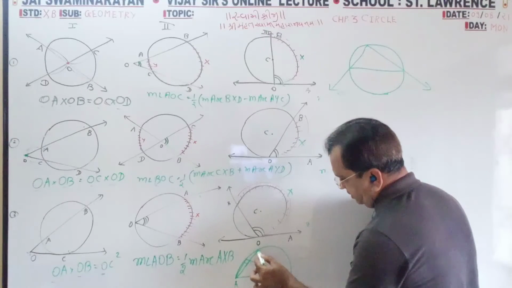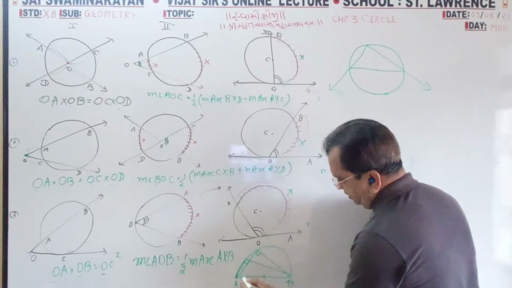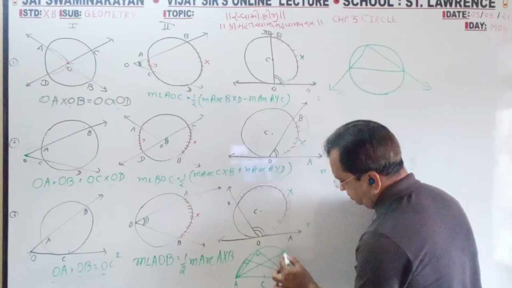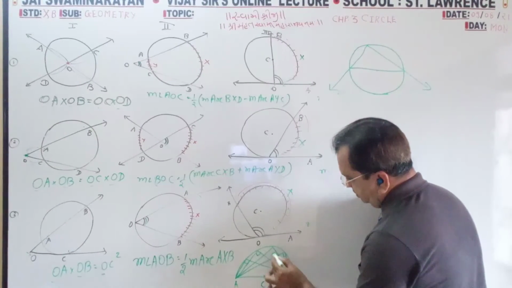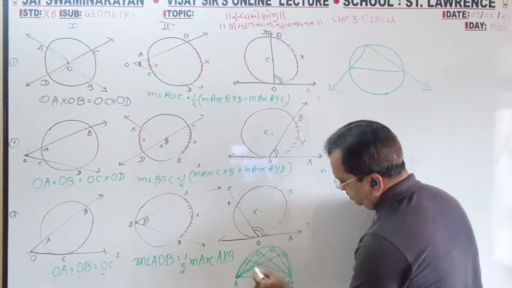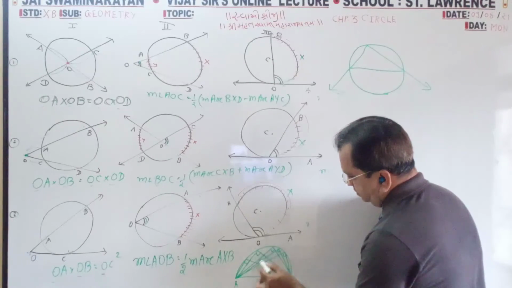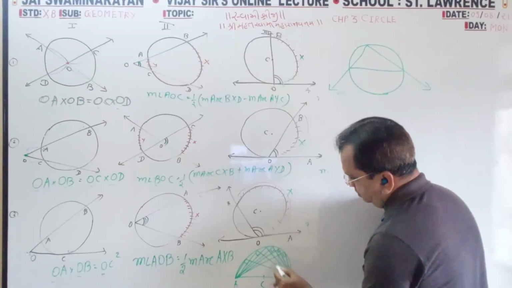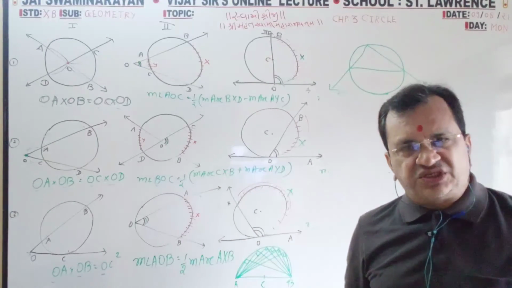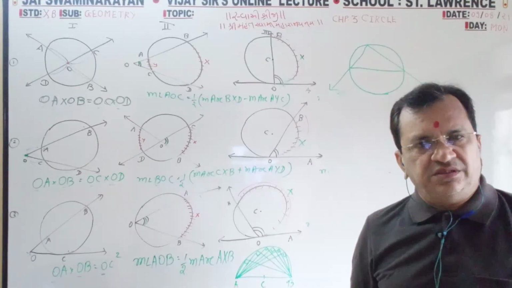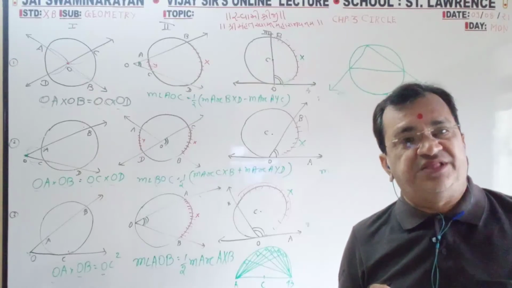I'll take this and this, it will be 90. I'll take this and this, it is 90. An angle inscribed in a semicircle is a right angle. It is 90. That we have to prove.